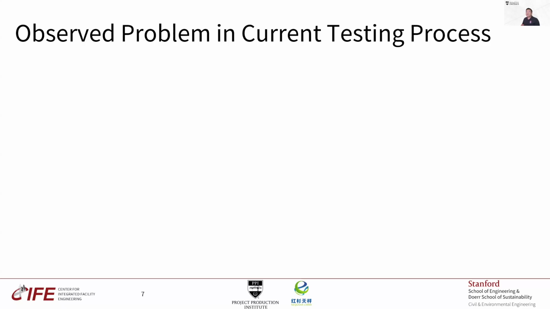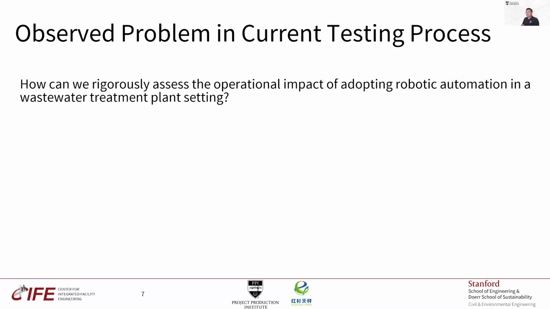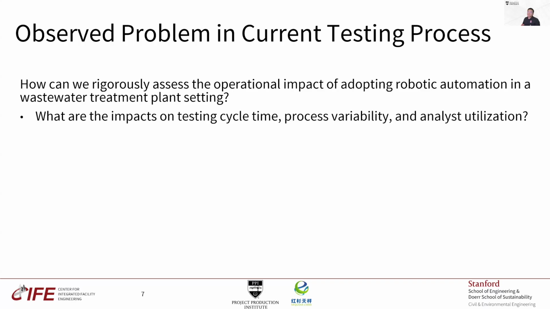But before they make the decision, the management team would like to know how they can rigorously assess the operational impact of adopting robotic automation in this wastewater treatment plant setting. We interpret this question into specific questions like: what are the impacts on testing cycle time, process variability, and analyst utilization?